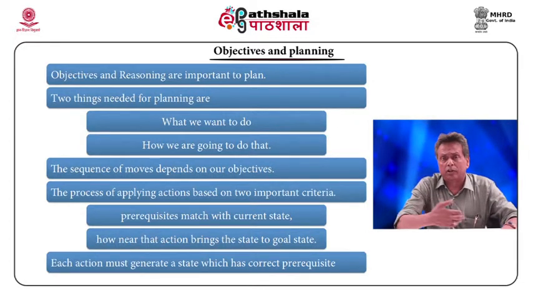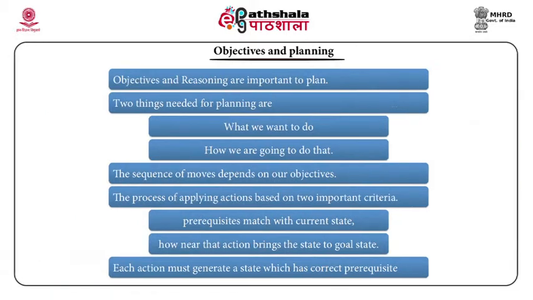Sometimes when you have multiple actions, you will need to choose an action which moves us nearer to the goal state, and such actions are known as relevant actions. And whenever there is a sequence of actions A1, A2, A3, A4, A5, then when A1 applies, it generates the prerequisite for A2. When A2 is applied, it generates the prerequisite for A3, and so on. So this is the other requirement.